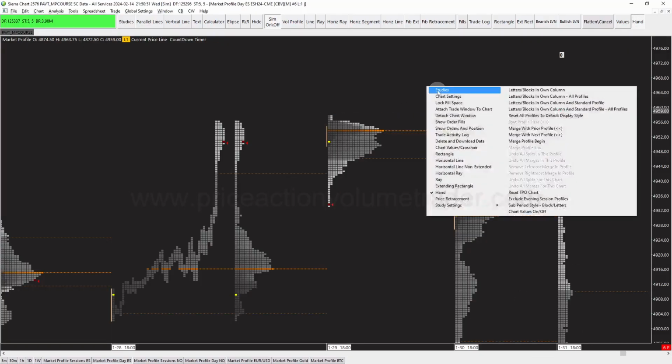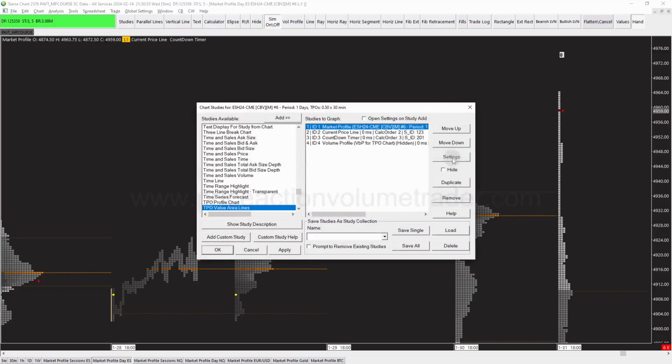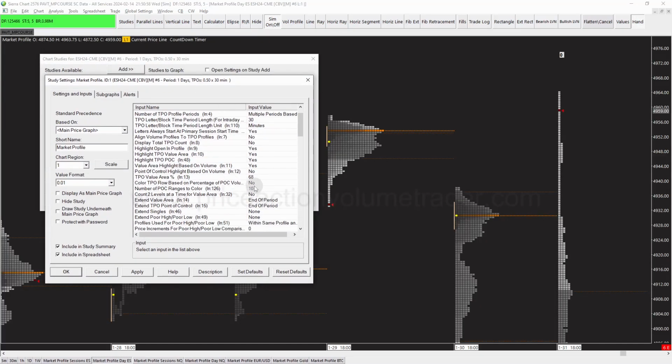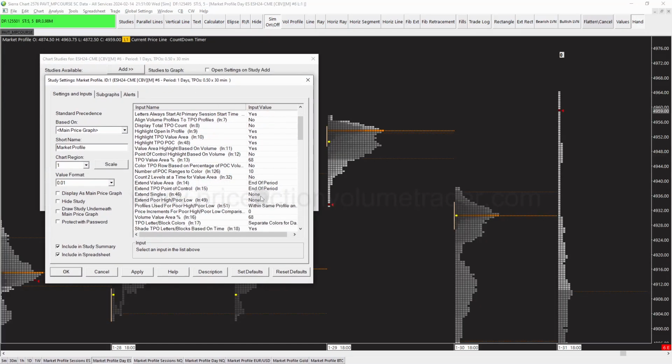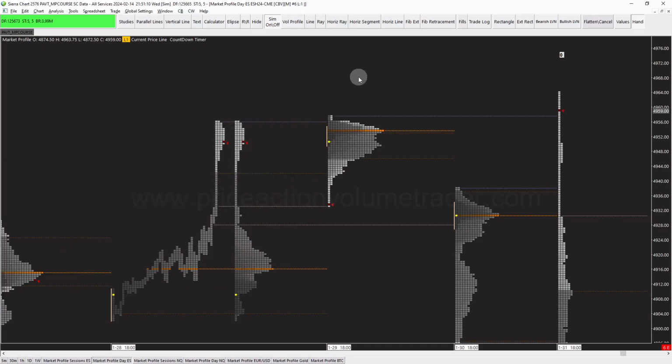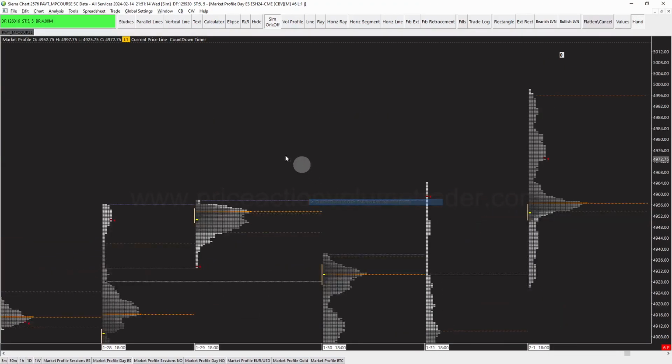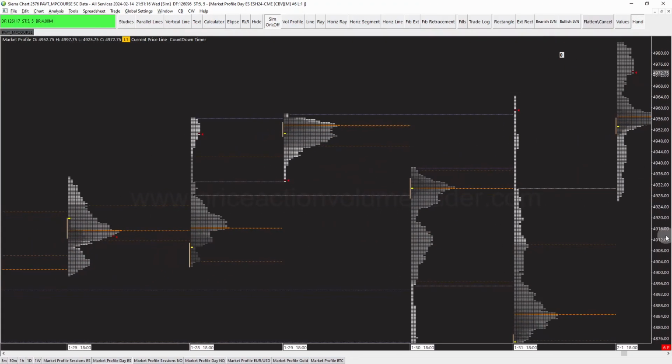For this, if you go in the settings for these indicators, there are options. For example, here, extend singles. I can put until future intersection, extend poor high low until future intersection. So what this is going to do, it's going to extend this until the next time that these levels are touched.